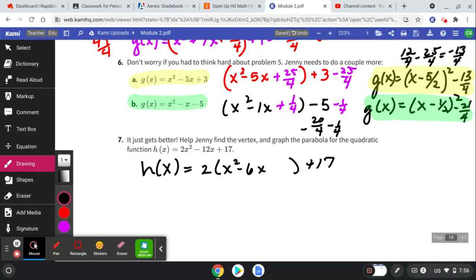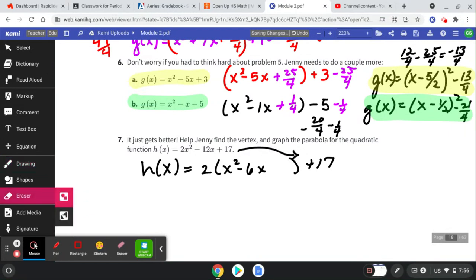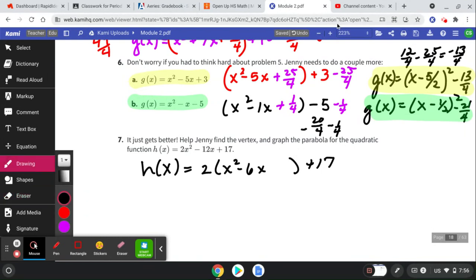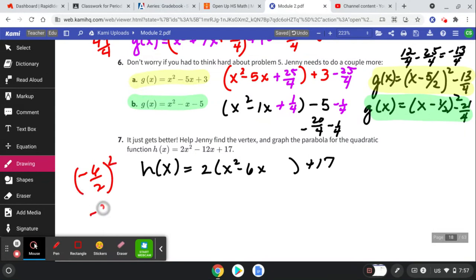Step 1, we make space by bumping the 17 way over. Now we need to make one square to complete the square on it and then pull that 2 out. So we divide it out of 2, leaving us x squared minus 6x in these parentheses here. So now let's go do our b work and complete the square. Negative 6 divided by 2 is negative 3 squared.